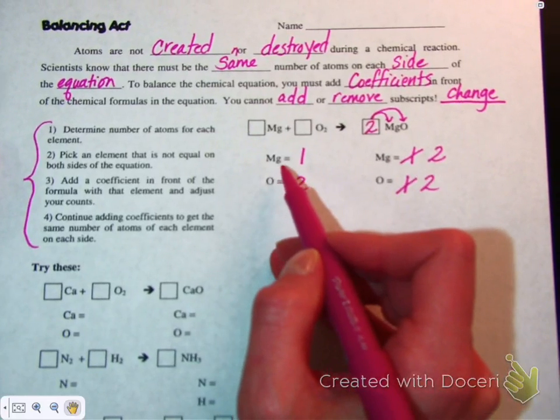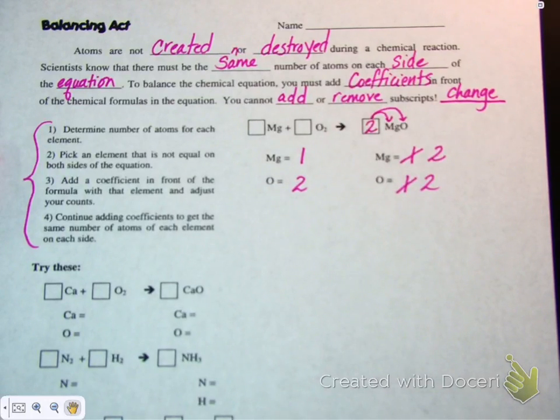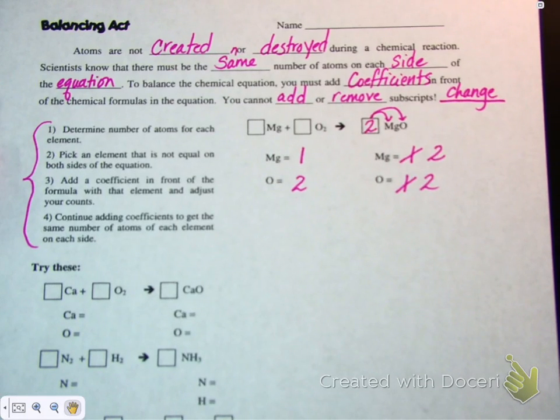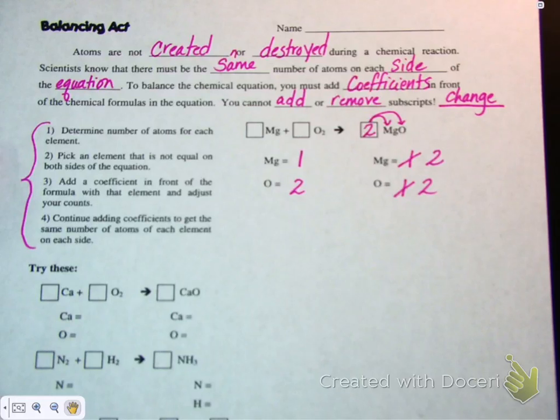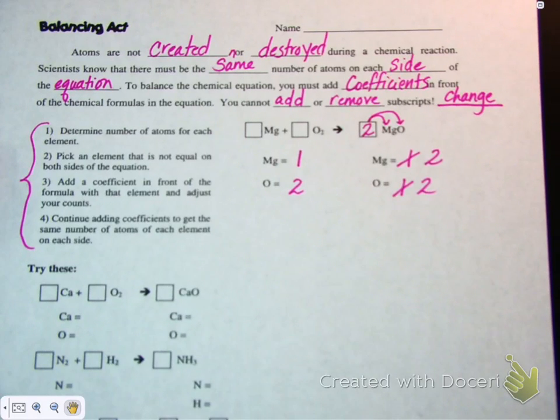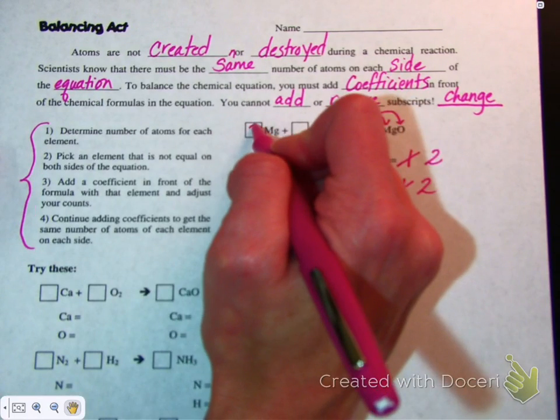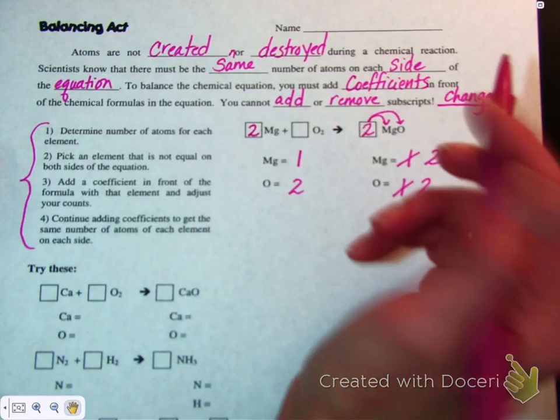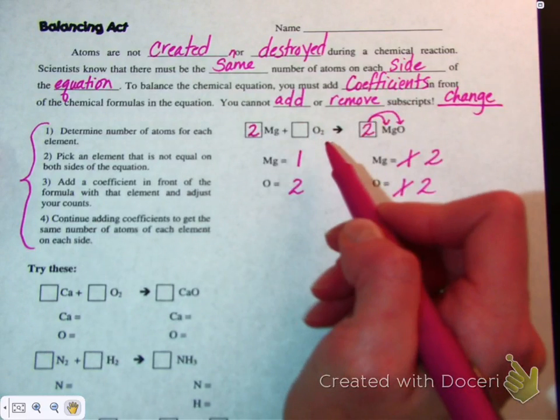So how can we balance our magnesium now on the reactant side, Justin? You have to put a coefficient on magnesium. On which side? Reactant. Correct, sir. You are going to put a coefficient of 2 on the reactant side before magnesium, and then you recount.